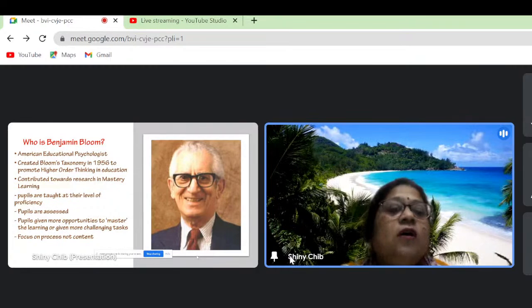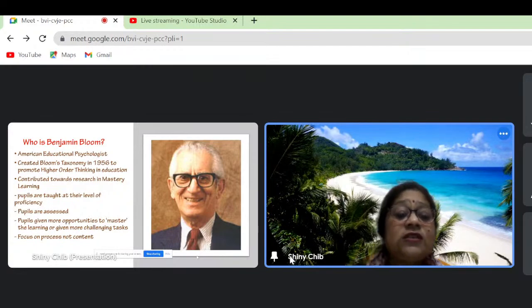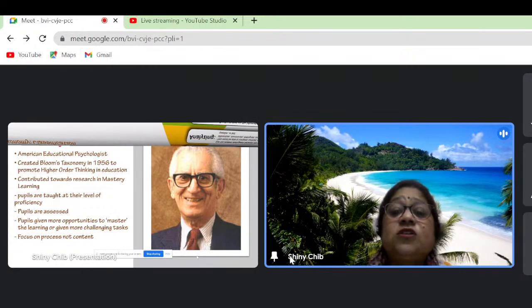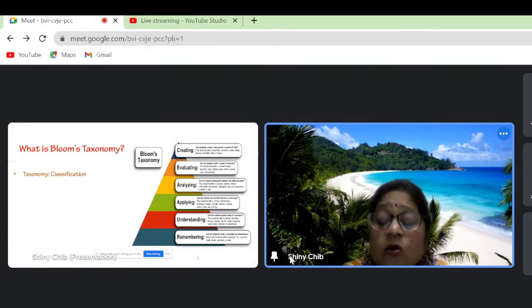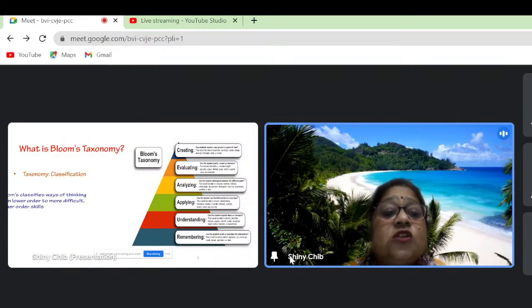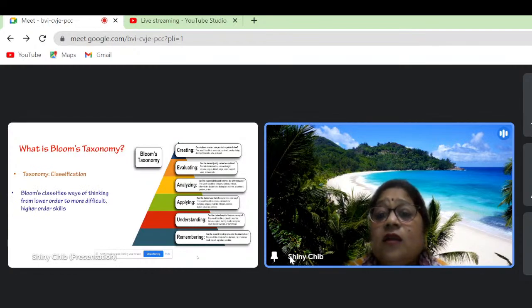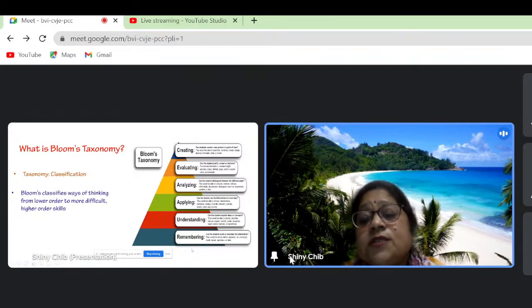So what Benjamin Bloom has said is that there are 6 levels, and these levels focus on different aspects. If you could see, it starts from remembering, understanding, applying, analyzing, evaluating, and creating.